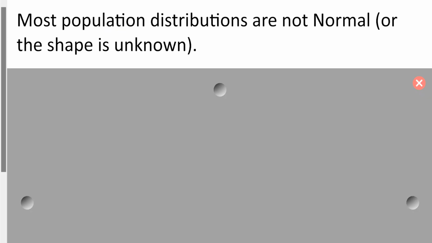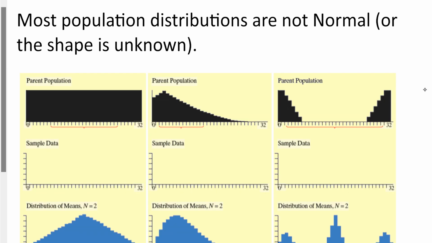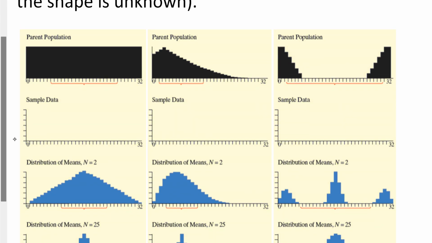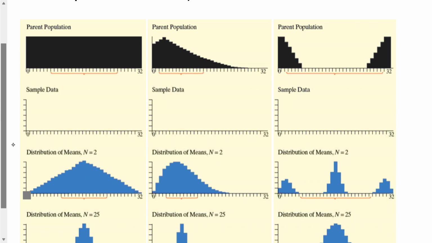So unfortunately, most population distributions are actually not normal, or maybe we just don't know the shape. Maybe that's more common. But I want you to notice something about these. Our parent population could be uniform, skewed, or an extreme one, maybe bimodal, really on the extremes.